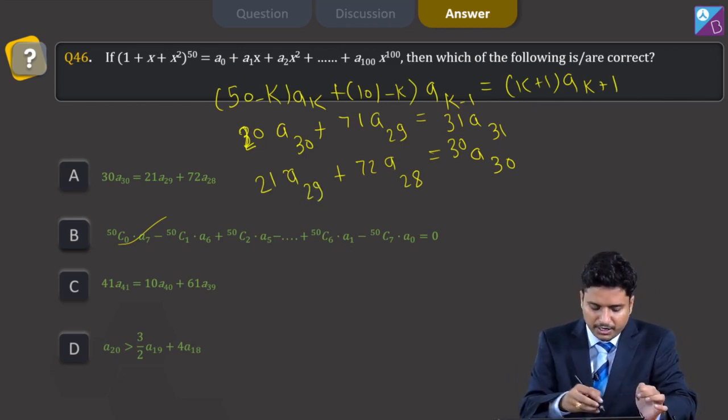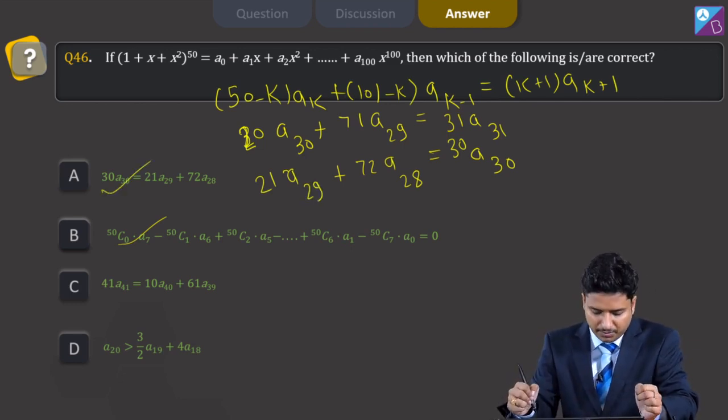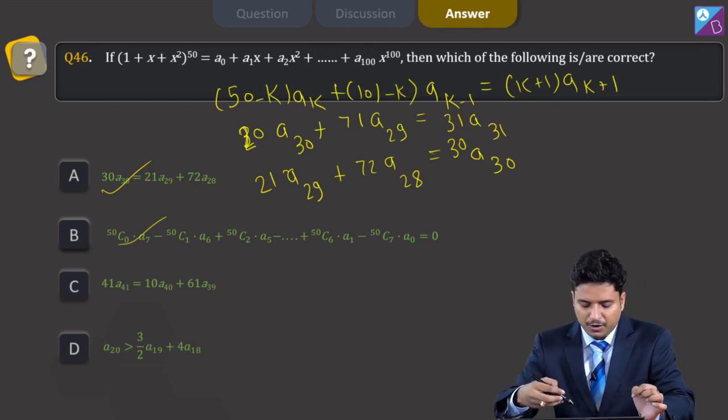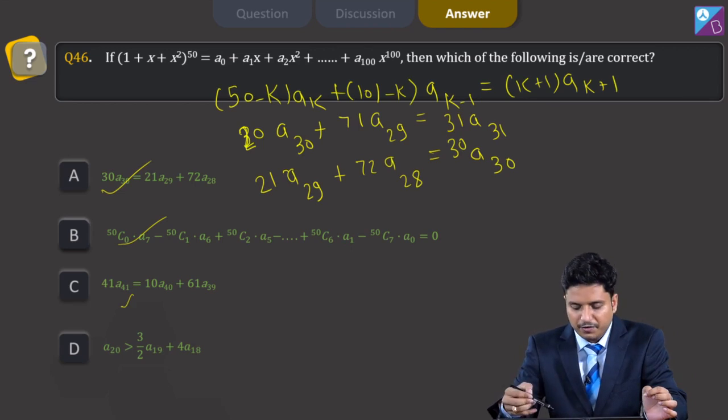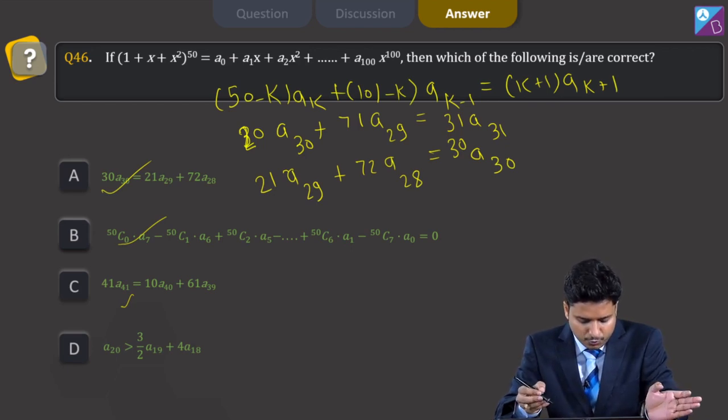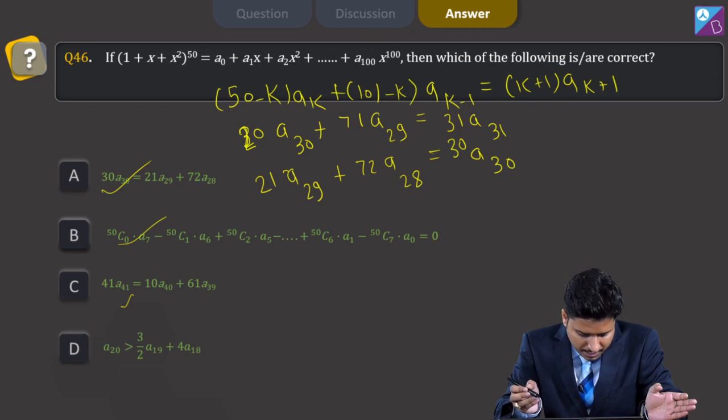So option A is also correct from this expression. Similarly, now you have to try and find out the other expressions like 41 a41. What you have to do? You have to simply put k is equal to 40 in order to obtain option C, and for option D, this is actually 2 a20 is greater than 3 a19 and 8 a18.